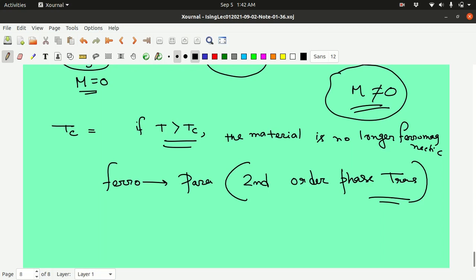Going from ferromagnetic to paramagnetic, the magnetization goes from 1 to 0, and that transition is a continuous transition, as known from the theory of phase transitions that I described earlier.